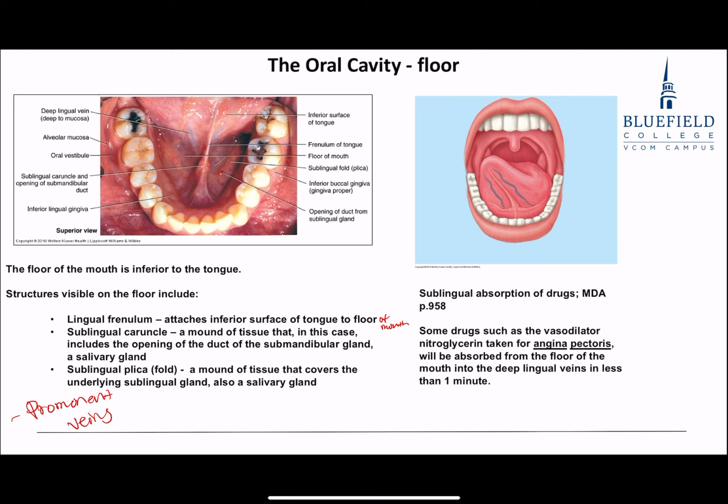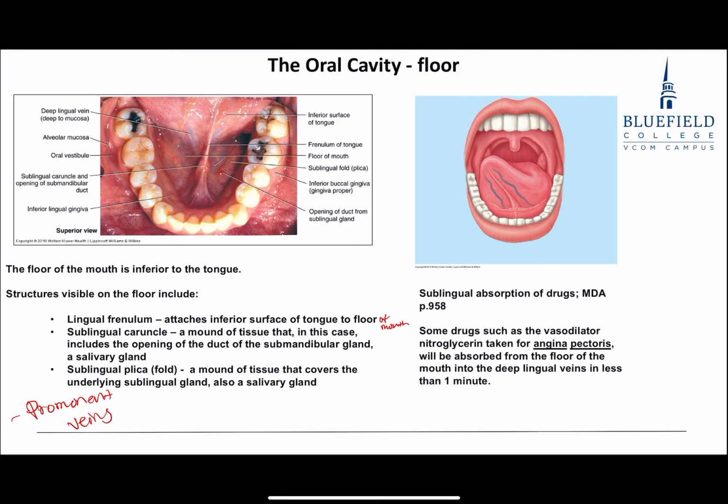They're back here underneath the body of the mandible, but they have a long duct that ends up opening right there on that caruncle. The other thing you see here are these little mounds or plica, folds of the mucous membrane on the floor of the mouth.